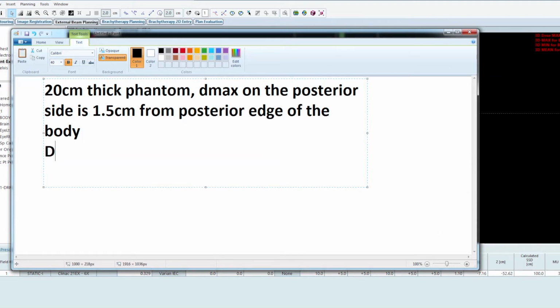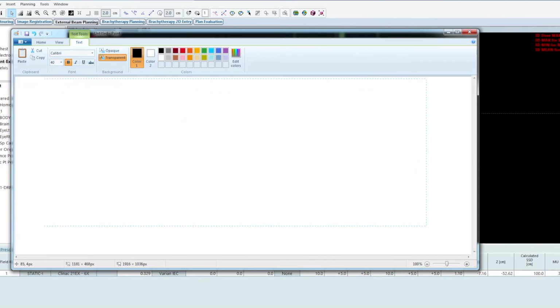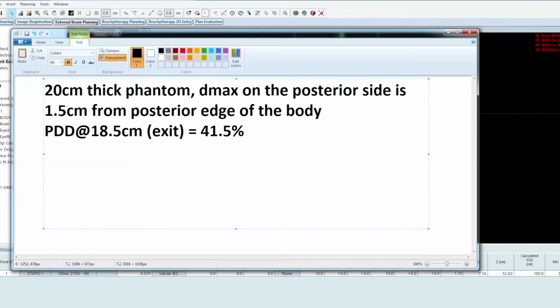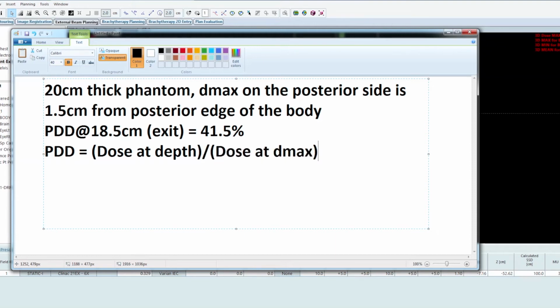Okay, PDD at 18.5 centimeters, or the exit, equals 41.5%. Okay. Well, how do we figure out dose at depth? Remember, PDD equals dose at depth divided by dose at D max. Well, all I have to do is multiply dose at D max times my PDD to get dose at depth.